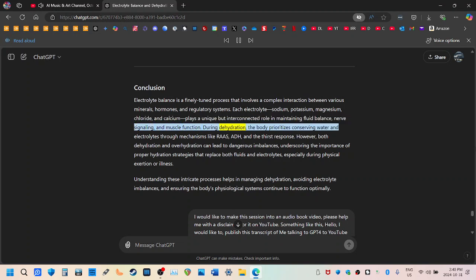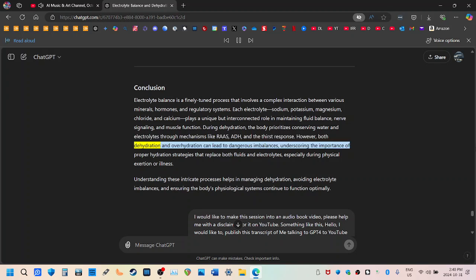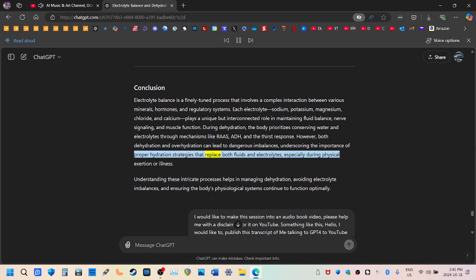During dehydration, the body prioritizes conserving water and electrolytes through mechanisms like RAAS, ADH, and the thirst response. However, both dehydration and overhydration can lead to dangerous imbalances, underscoring the importance of proper hydration strategies that replace both fluids and electrolytes, especially during physical exertion or illness.